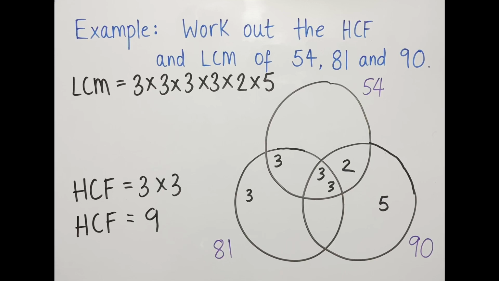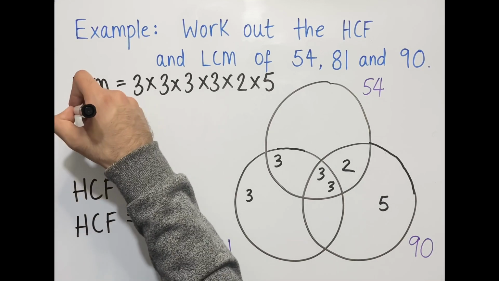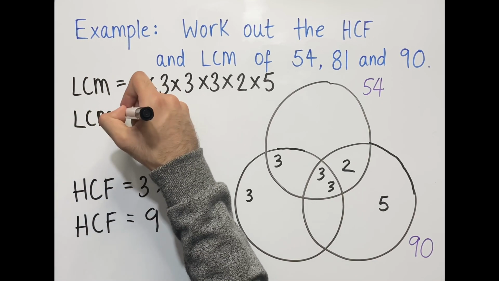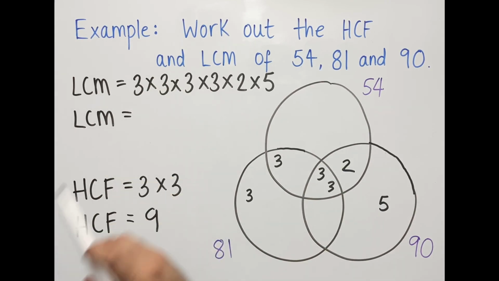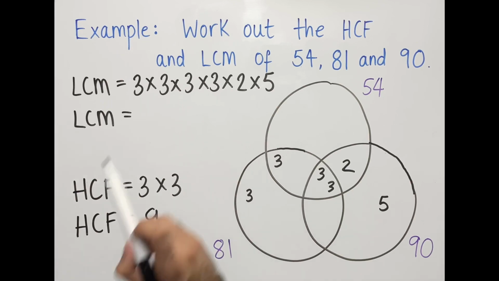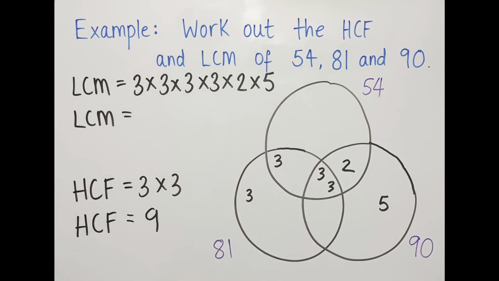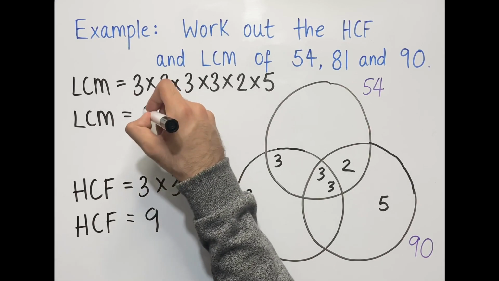That's all of the numbers within the Venn diagram. If we now want to work out the lowest common multiple, we multiply these numbers together. So 3 times 3 is 9, 9 times 3 is 27, 27 times 3 is 81, 2 times 5 is 10, 81 times 10 is 810.